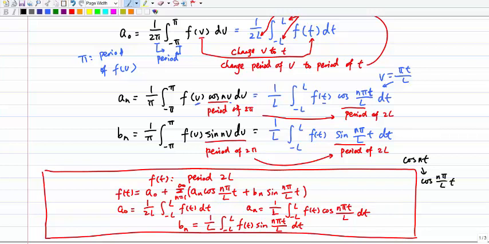As you can imagine, if I have a fundamental period of 2 pi, your L becomes pi, so that's why it's just cosine nt.